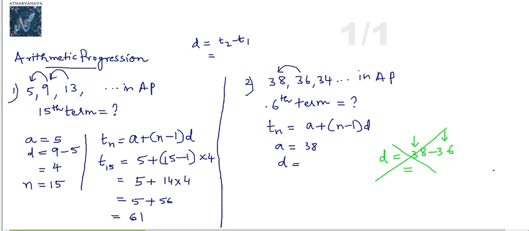So always here also second minus first, which means 36 minus 38, which is a negative. Can the common difference be negative? Yes, it can be negative. If your sequence is descending, definitely your common difference will be negative, and if your sequence is ascending, you will have a D which is positive. Okay, so nothing to worry here.